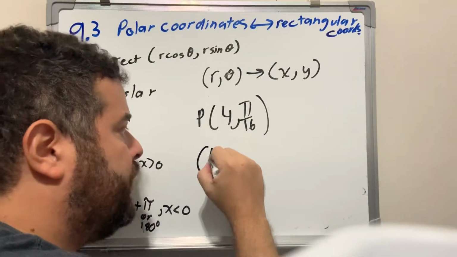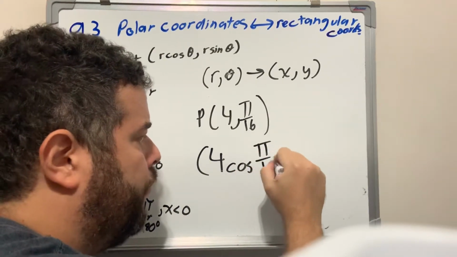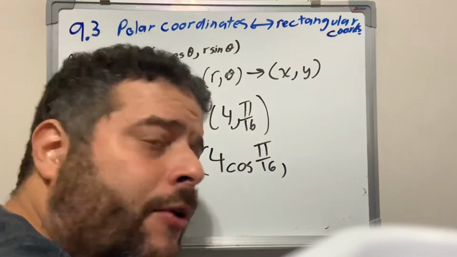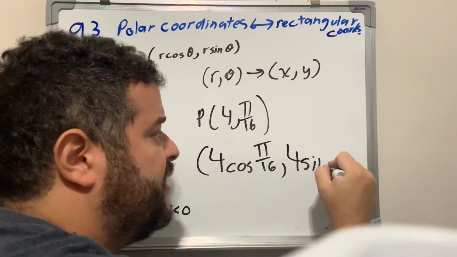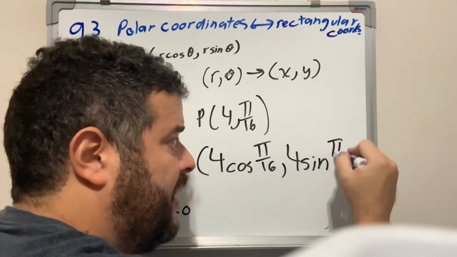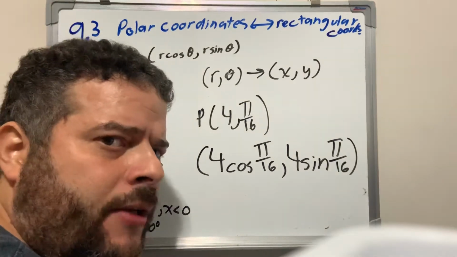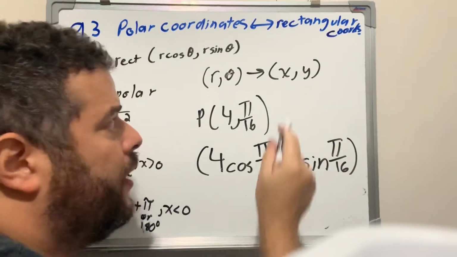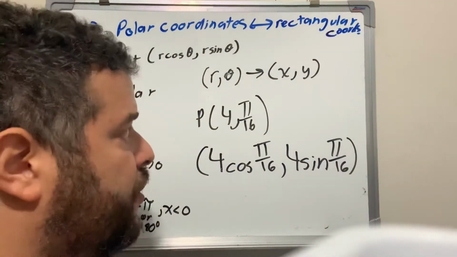So all I gotta do is r cosine of pi over 16 to get my x value for my rectangular coordinates, and the same r sine of the exact same angle to find the y value of the rectangular coordinate. You plug this into your calculator, multiply by 4, that's going to give you the proper x and y values. You can look for the answers in the book.